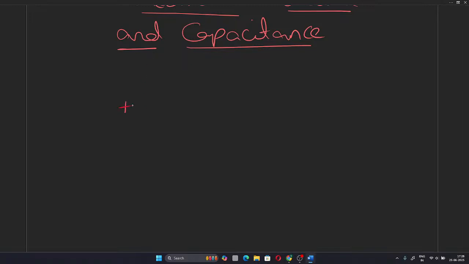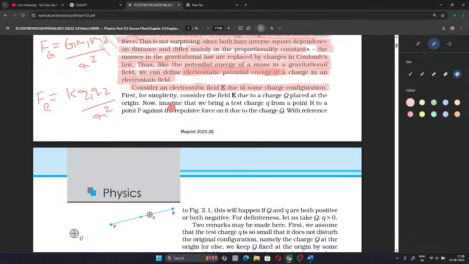When we have a positive charge or any kind of charge, this is what provides the electric field. This is what they said in this sentence here: consider an electrostatic field due to some charge configuration, or some charge we can take. First, for simplicity, consider the field due to charge Q placed at the origin.